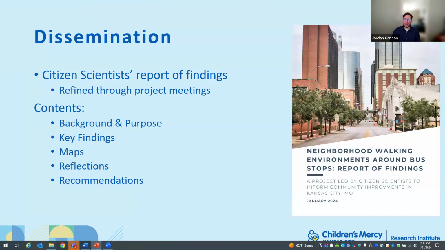So after the audits were completed, we had this reflection meeting where we facilitated these semi-structured discussions with each group of citizen scientists. Discussions focused on the scientists' experiences while conducting the audits, their perceptions of the neighborhood conditions in their communities that they experienced while they were out there doing these audits, and their preferences on how to share the information, what to do with this information.